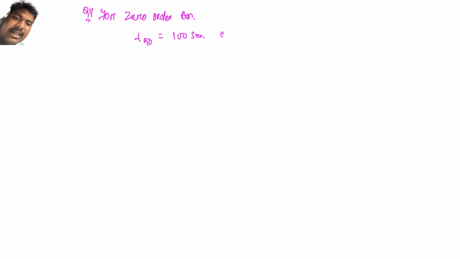Let's say one question is there for a zero order reaction: if T50 is 100 seconds, calculate T75. Calculate T75.